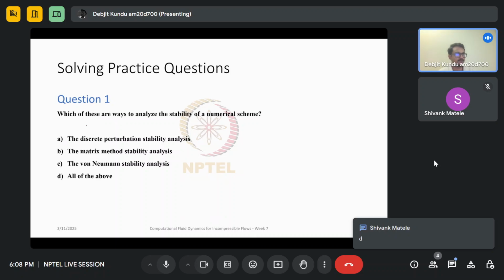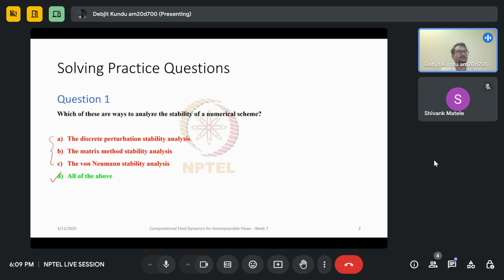Okay, we have a response in favor of option D, that is, all of the above. Let's take a look at the solution. It is actually all of the above. These are all different ways in which we can analyze the stability of a numerical scheme. But as far as the scope of this course is concerned, we really focused on the von Neumann stability analysis for various reasons.